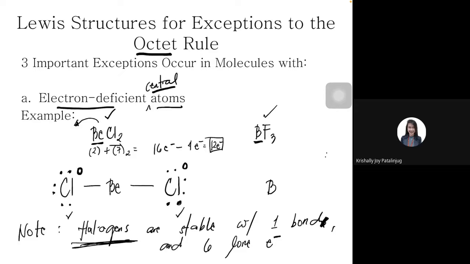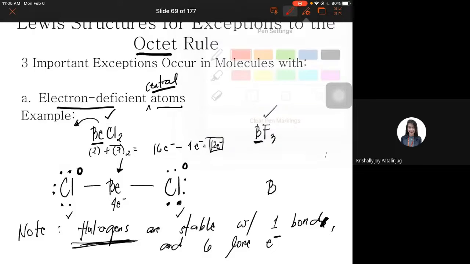But let's try to check beryllium. Beryllium did not attain octet. It only contains 4 surrounding electrons. Now, we could confirm whether, having those 4 surrounding electrons, beryllium is already in its stable bonding state. We can apply the formal charge rules.